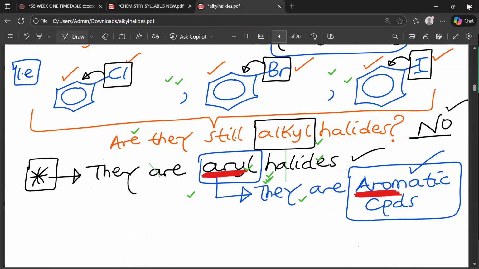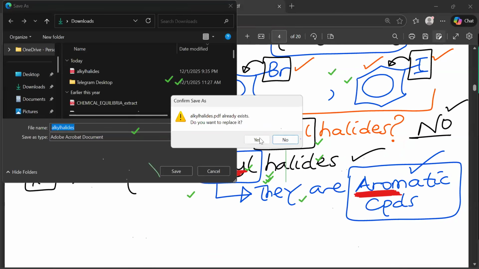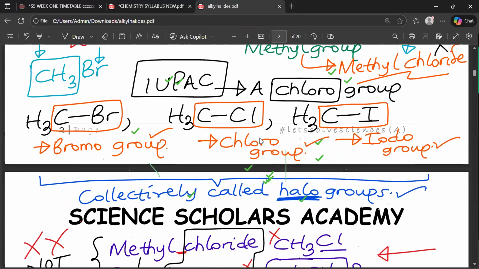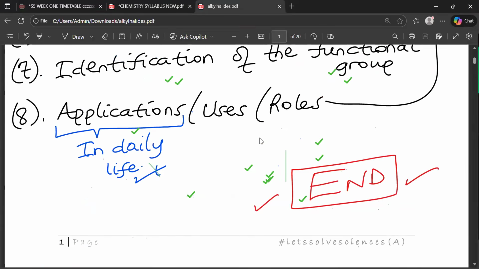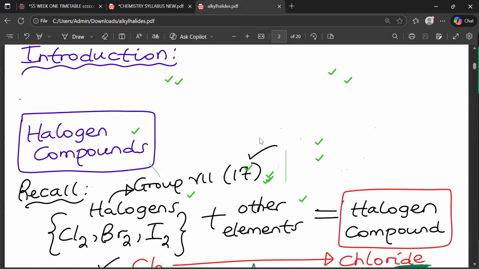So I'm going to go back to the introduction and use the other space and tell you what everything meant. On the very first page, it is the second. So halogen compounds are basically two.